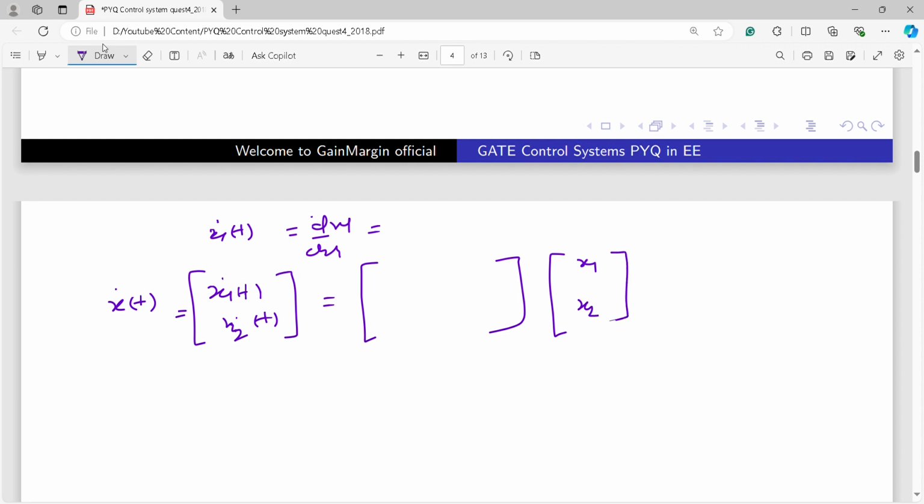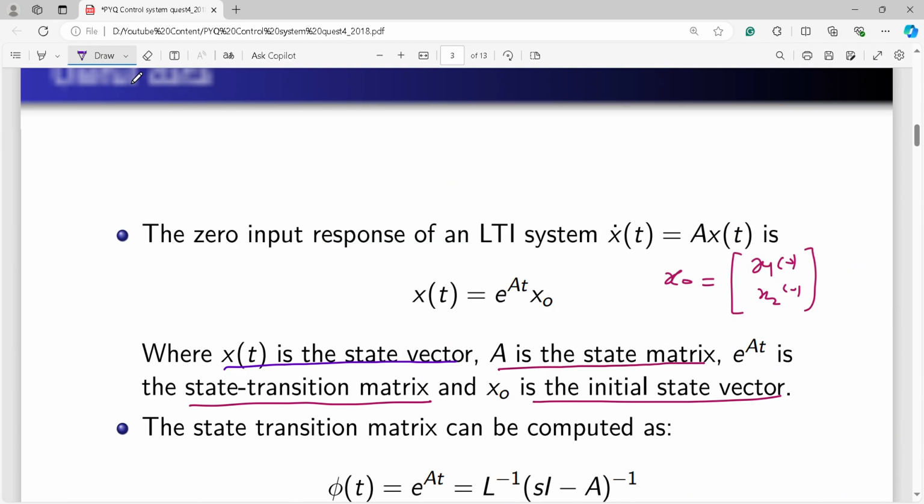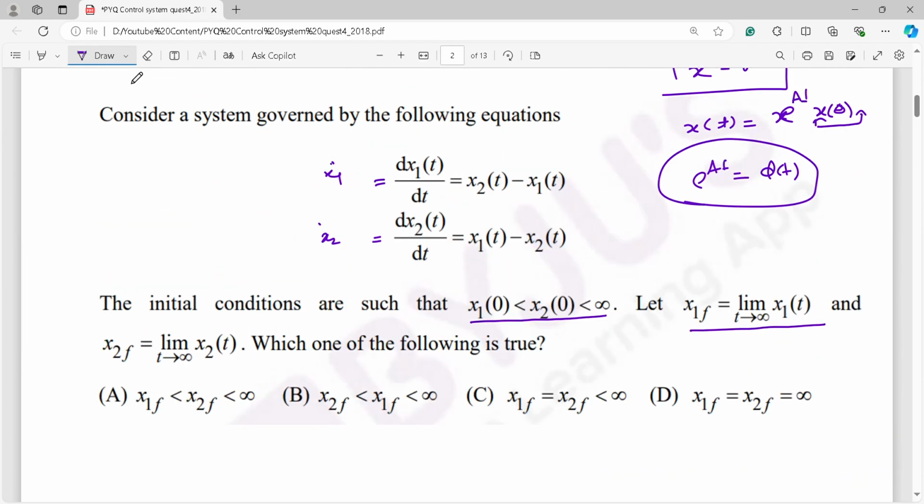First we should take the x1 coefficient. So where is the x1 coefficient here? For x1 dot, it is -1. So don't make a mistake here. They wrote x2 first, then x1, but we want x1 first, so -1 and +1.